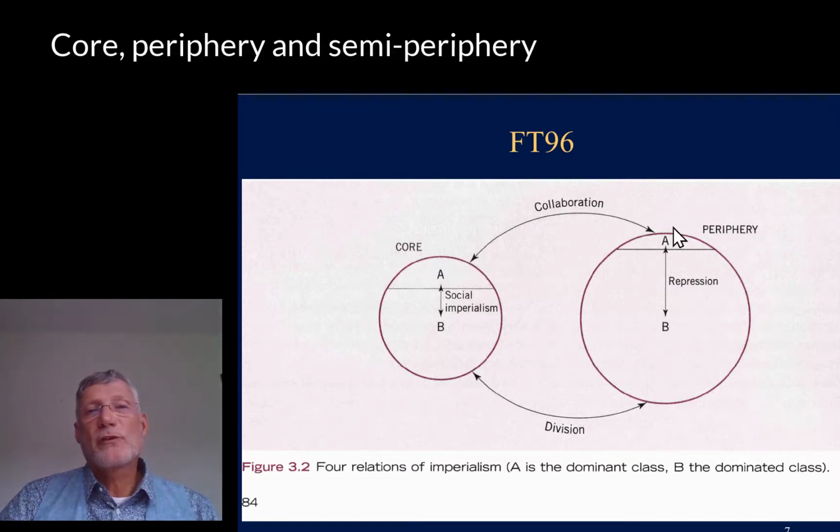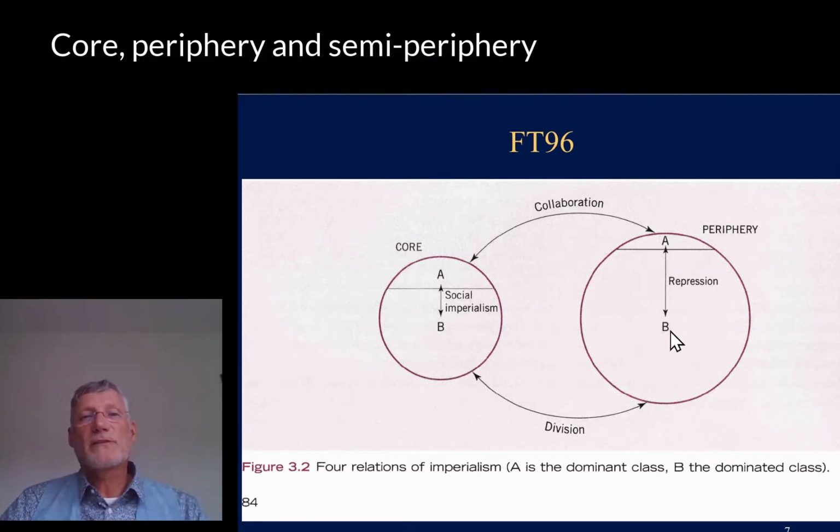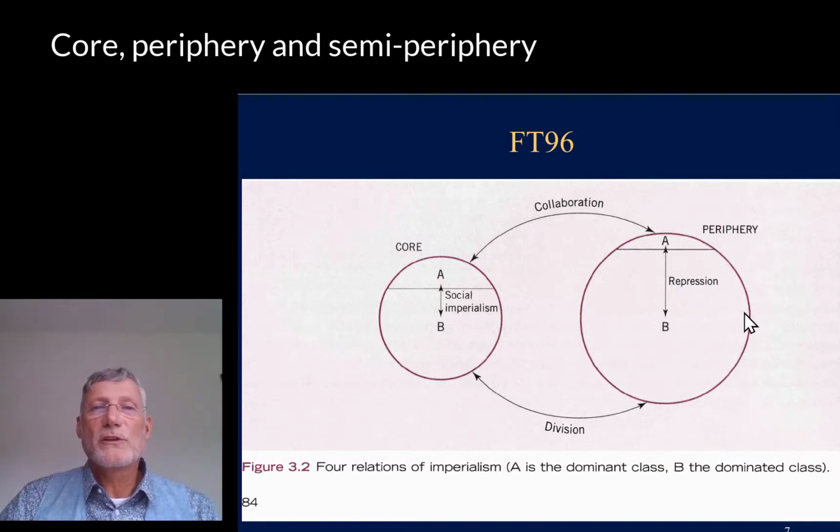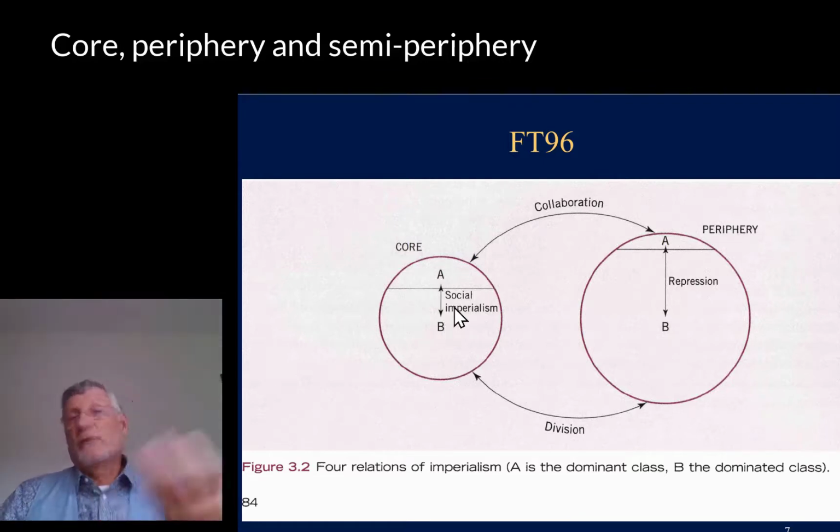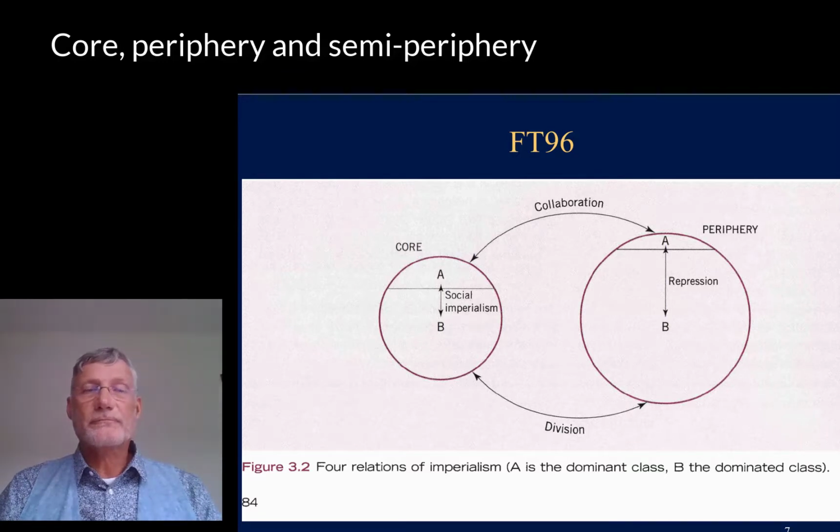The core profits from the trade with the periphery, and on the other hand, the core delivers military goods, for instance, for the elite in the periphery to repress its dominated class, to repress the large part of the population. So here, dominance in the periphery is based on repression, while dominance of the dominant class in the core is based on social imperialism. So not so much on direct repression, but by the development of the welfare state especially.